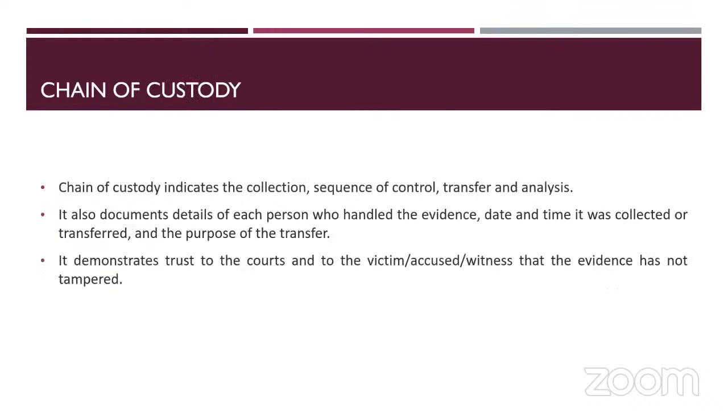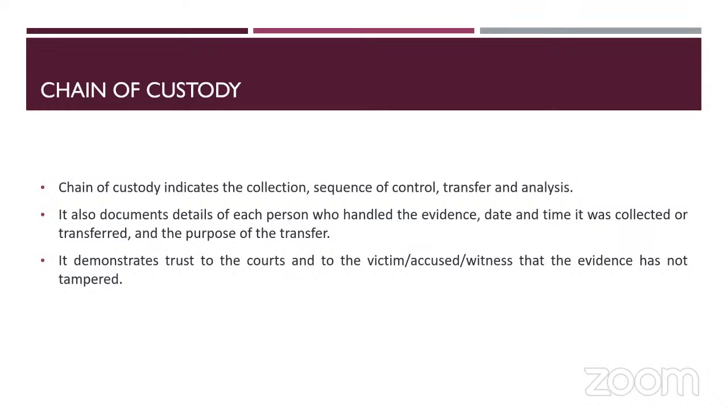So basically, what is chain of custody? It indicates that the collection, the sequence of control, the transfer and analysis of the documents handled is maintained. These evidences are handled by different people. Sometimes by police, sometimes by the scientific officers in the forensic laboratories.